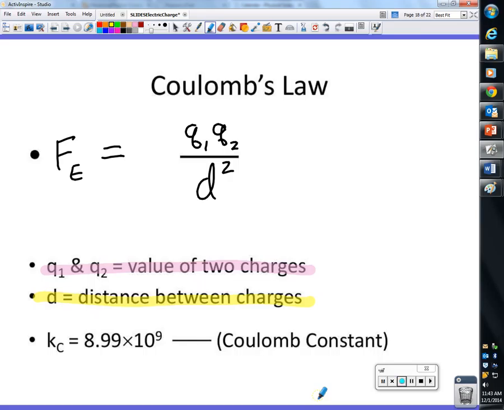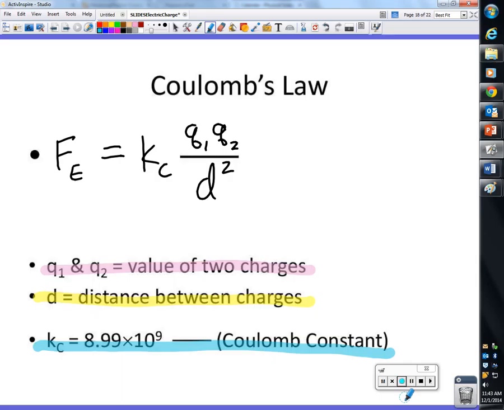And then the third factor we represent with a K subscript C, and we refer to that as Coulomb's constant. It is a constant value.